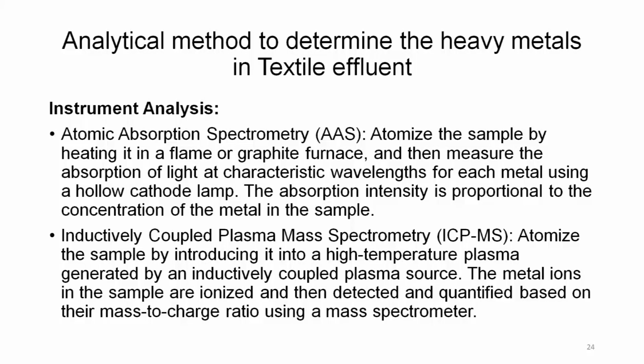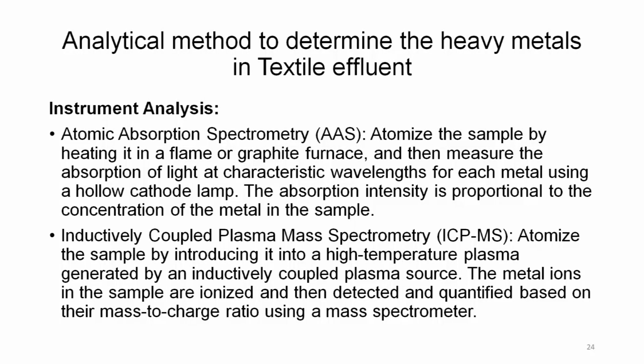Instrument analysis. In the case of atomic absorption spectrometry, that is AAS, atomize the sample by heating it in a flame or graphite furnace and then measure the absorption of light at characteristic wavelengths for each metal using a hollow cathode lamp. So, one by one the lamp is changed and different metals from the same textile effluent solution can be analyzed one after the other.